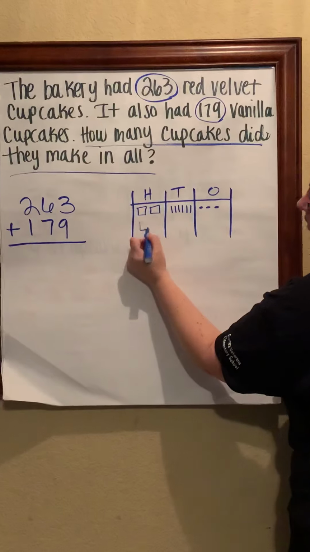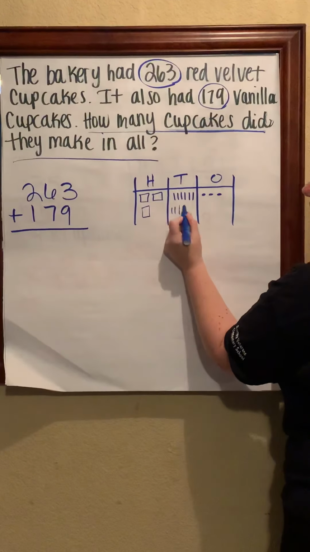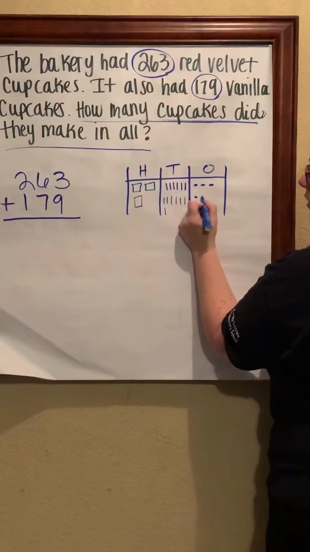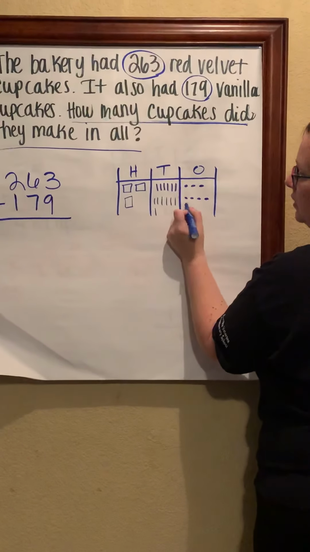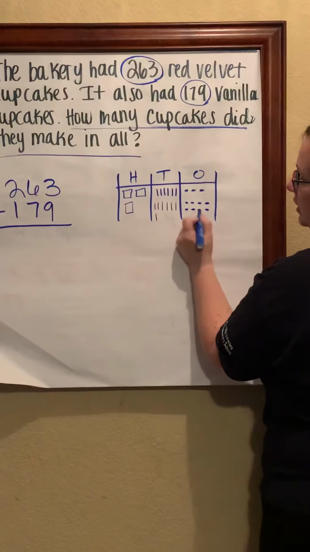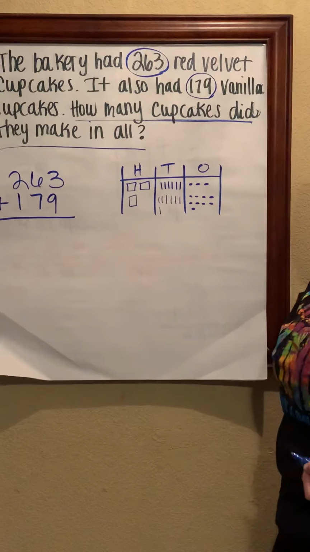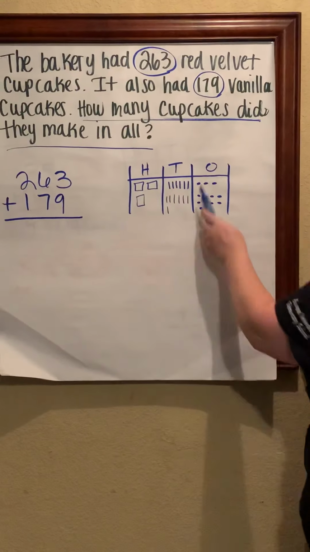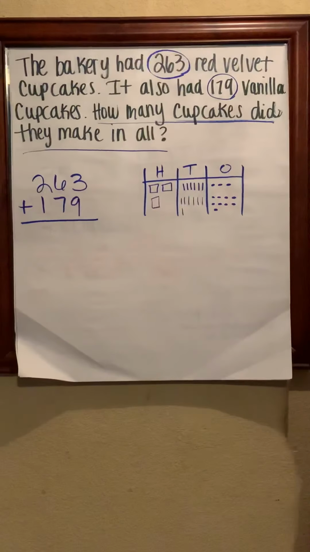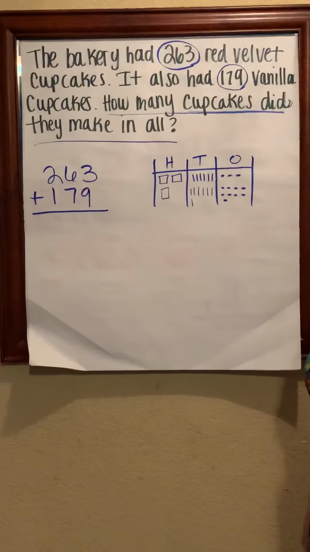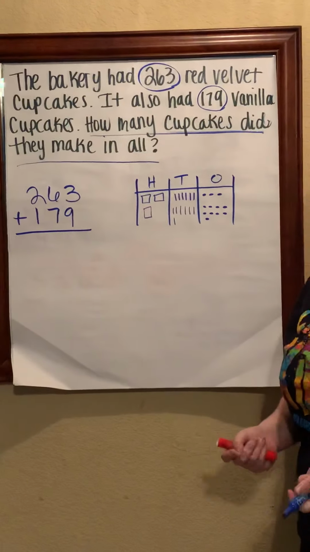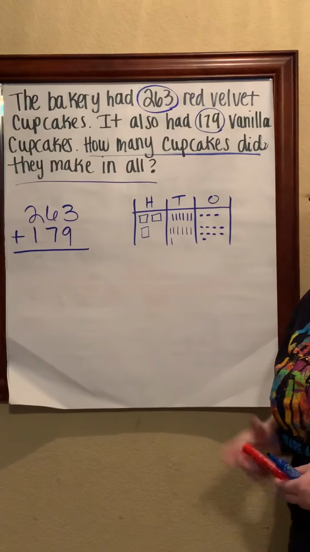So I've got 100, 1, 2, 3, 4, 5, 6, 7. And then I have 9 ones. 1, 2, 3, 4, 5, 6, 7, 8, 9. Okay, so I already noticed something. Maybe you'll remember, but it looks like I've got a lot of ones and a lot of tens. Probably too much to go in there. So we know that we can only have up to 9 in each place value.